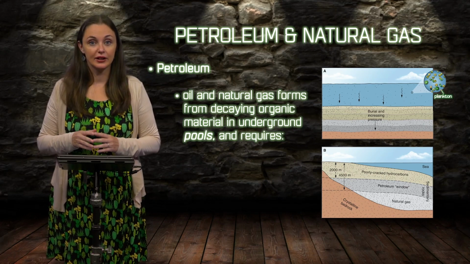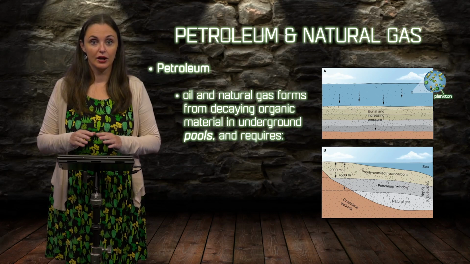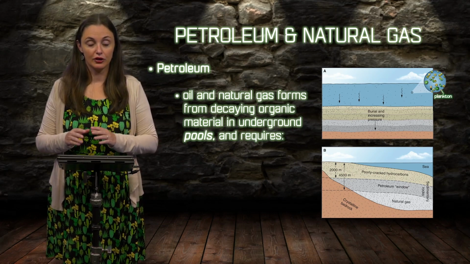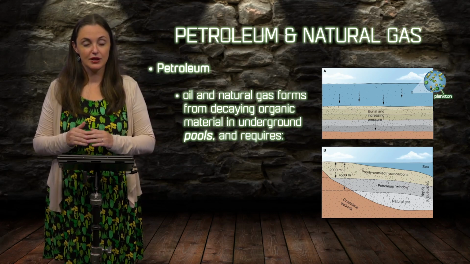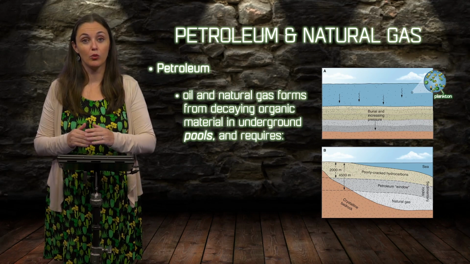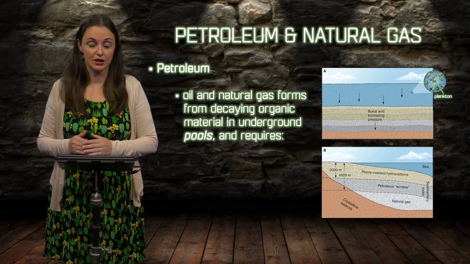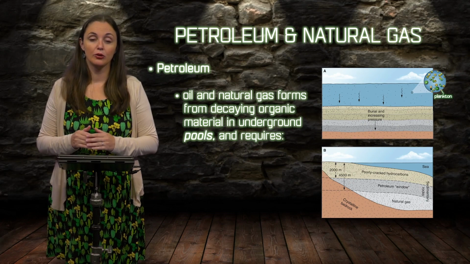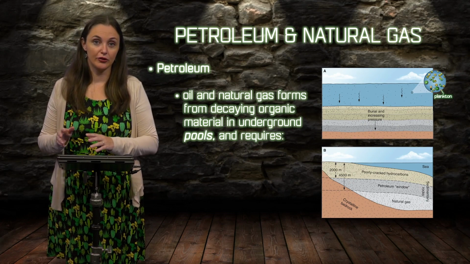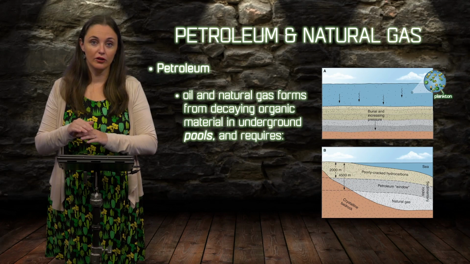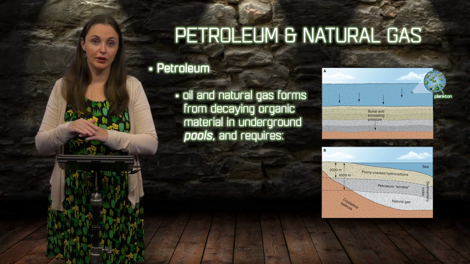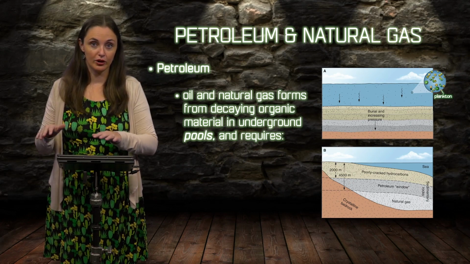So let's look at this sort of one step at a time. Let's look at this from that first step of the type of sediment that's going to be buried along with all of that organic material as it gets to the bottom of the seafloor. So take, for instance, right now out in the Gulf of Mexico, you have all of this life, all this microscopic life that's on top of the water column.